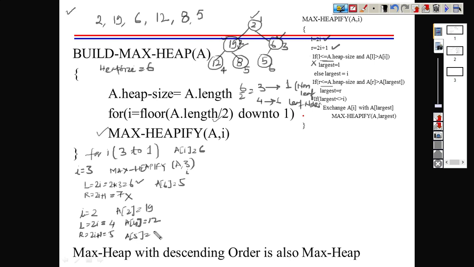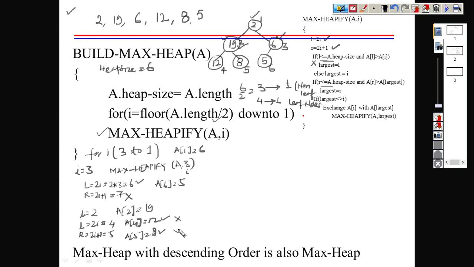We will apply both the conditions. We find that the left child exists and the value of the left child is not more than the parent. So this condition is not satisfied, and we will not go into the if condition. Then we see the right child exists, yet the value of the right child is not more than the parent. So this will also not execute.